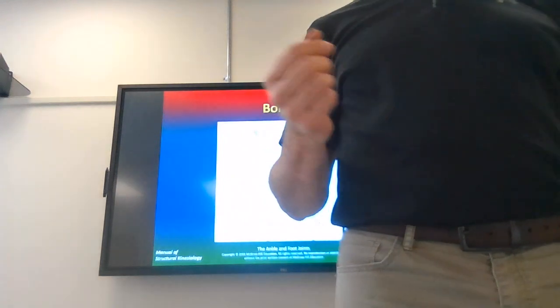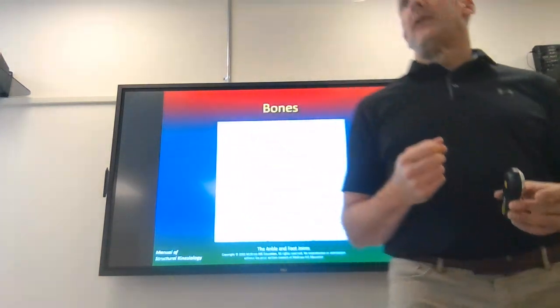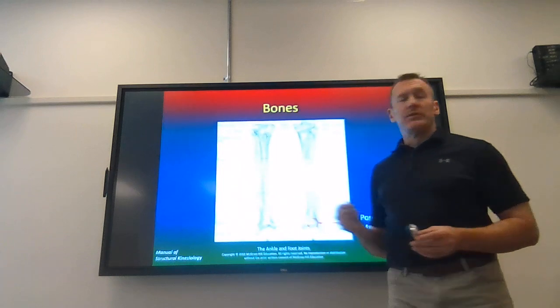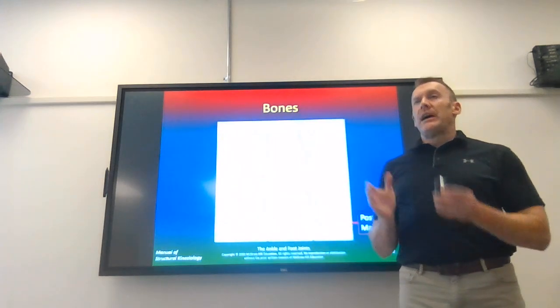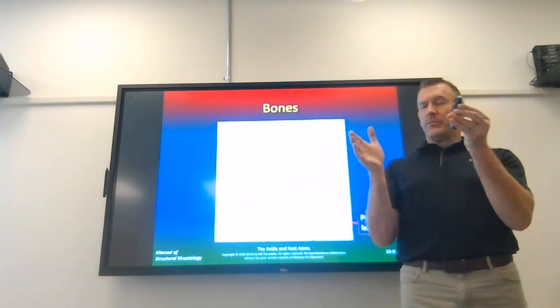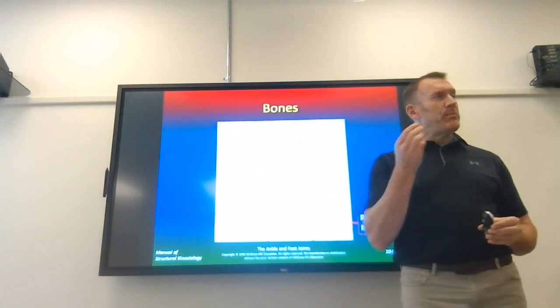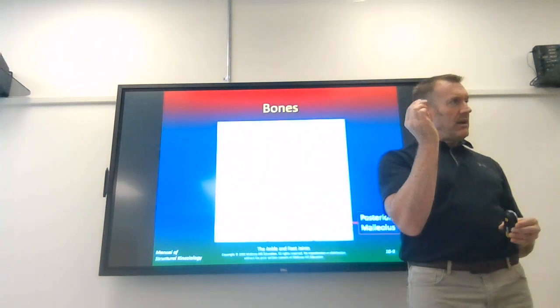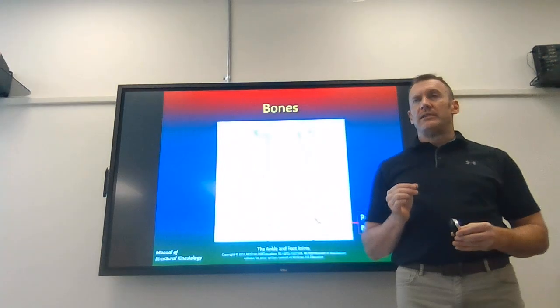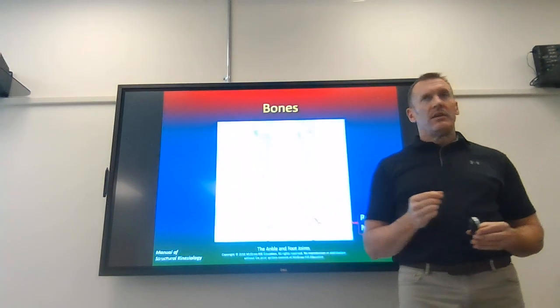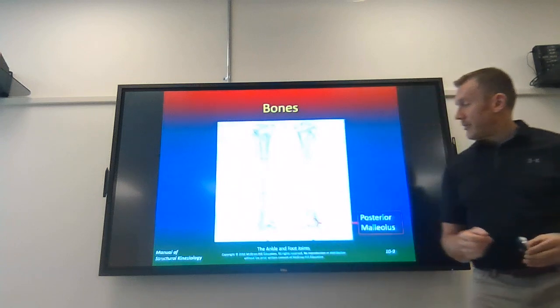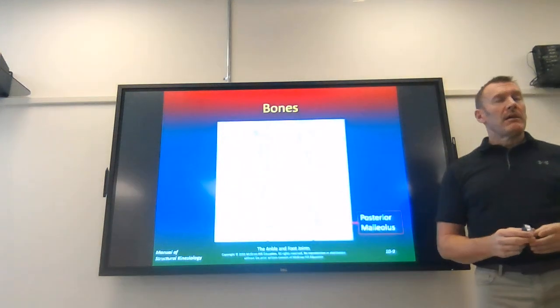So a slight amount of movement, because as you're reaching maximal dorsiflexion, that joint has to open up just a little bit. So the fibula will actually pivot just a little bit as you dorsiflex and plantar flex. So there is a slight amount of movement there.